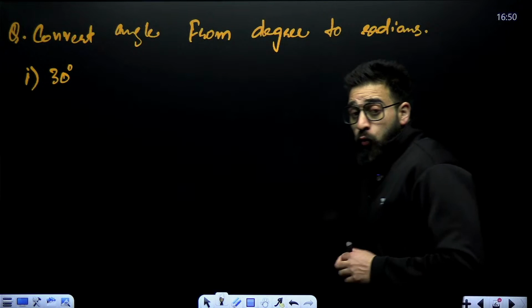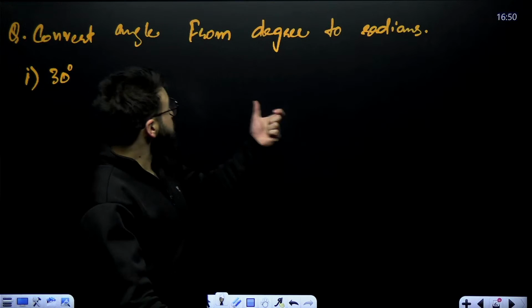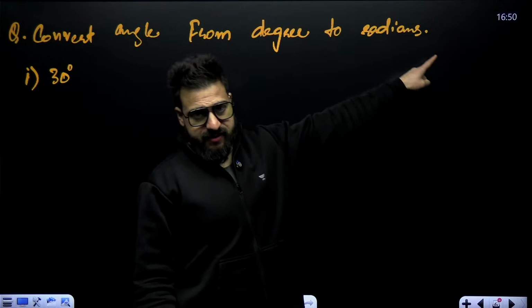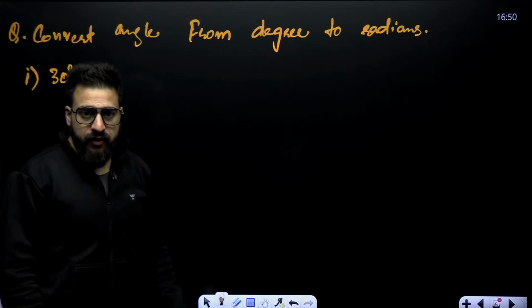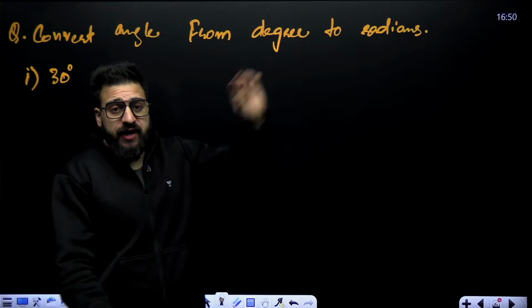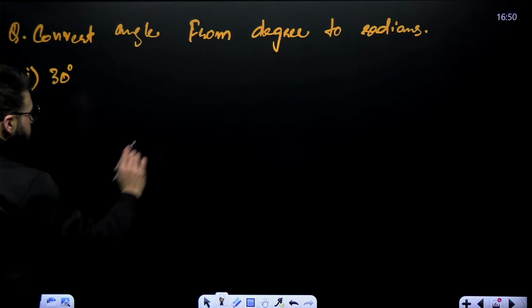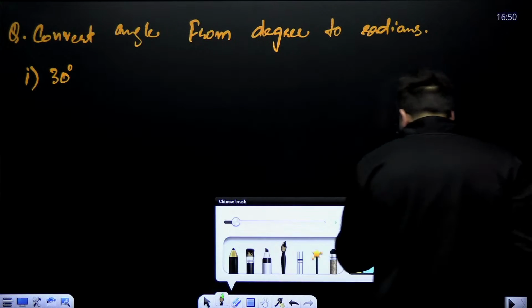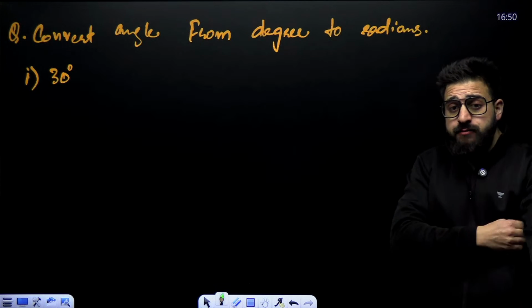Now, we have conversion of angle from degree to radians over here. Guys, see, we say 30 degrees. We have to check what is the value of 30 degrees in terms of radians. Guys, see.